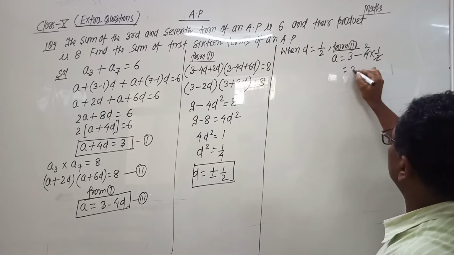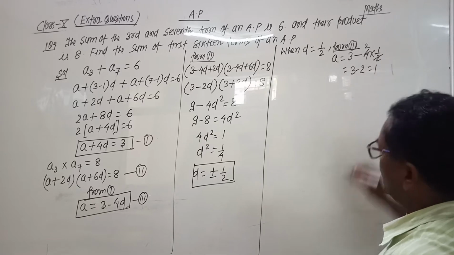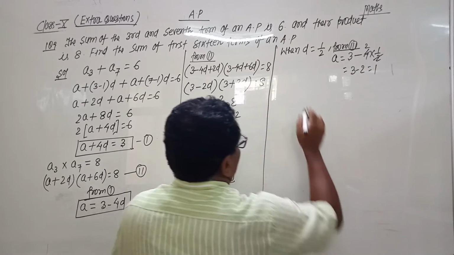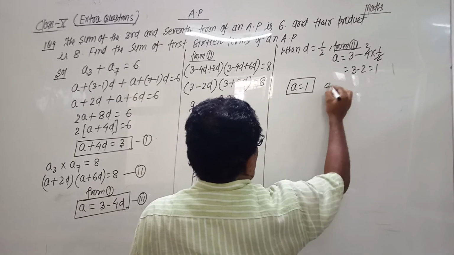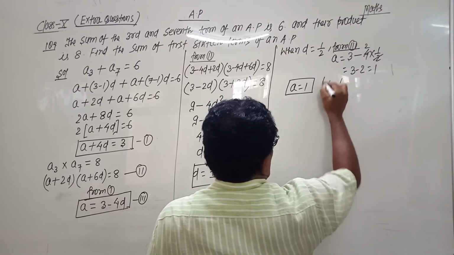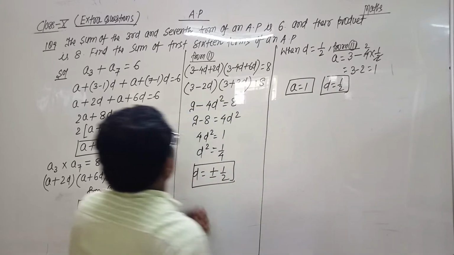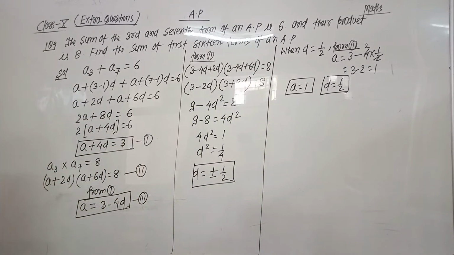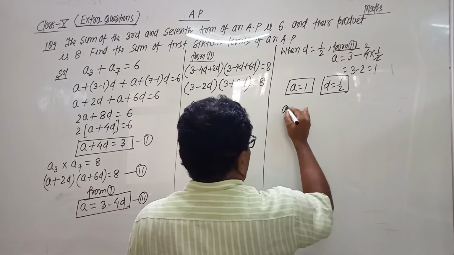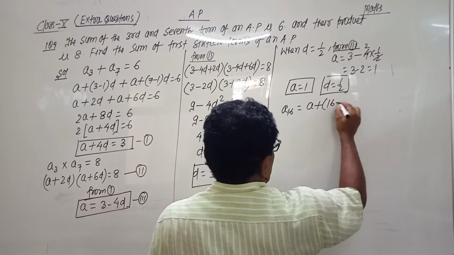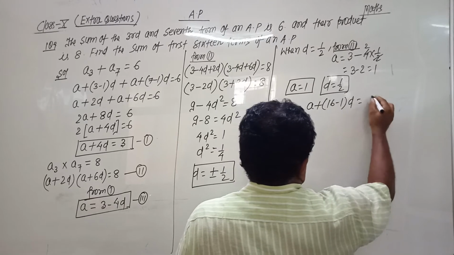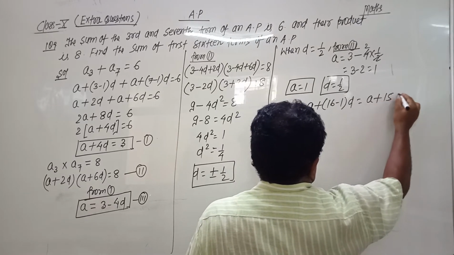So it gives 3 minus 2 equals 1. So the value of a is 1 and the value of d is 1 by 2. Now we have to find the 16th term of the AP. So a16 equals a plus (16 minus 1) into d, that is a plus 15d.